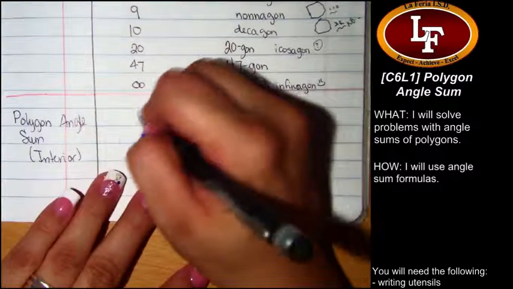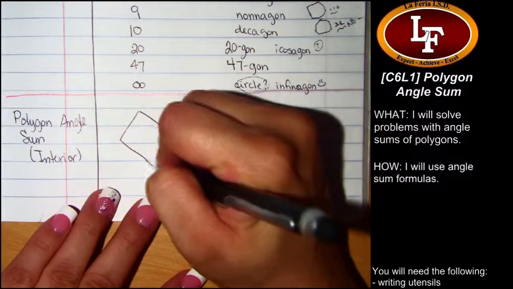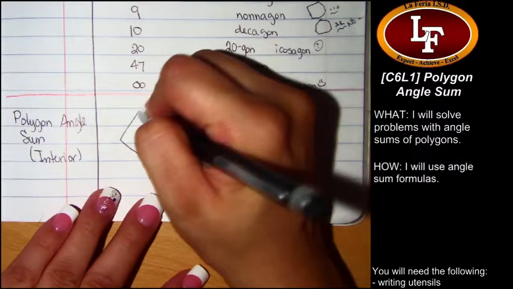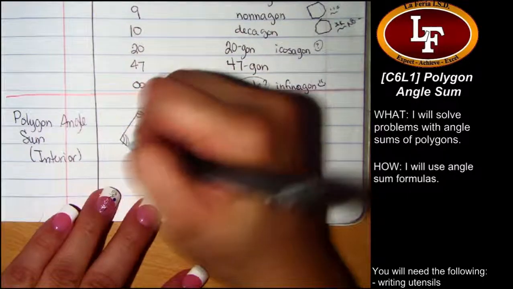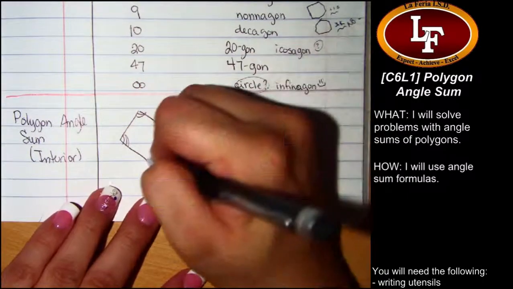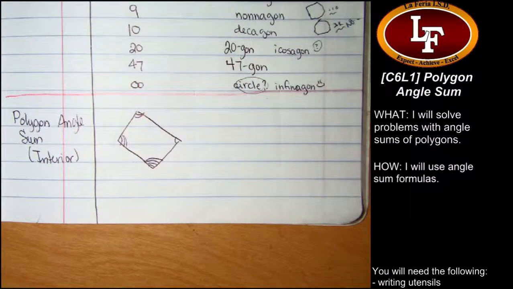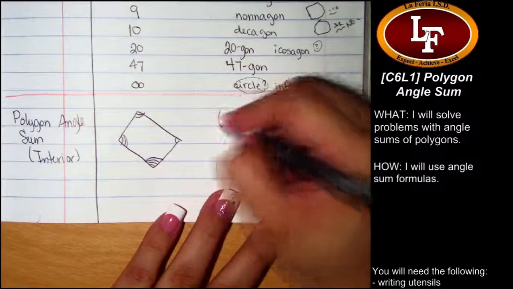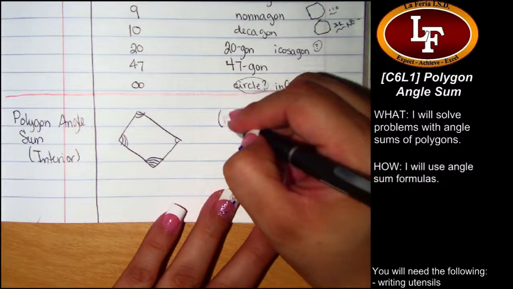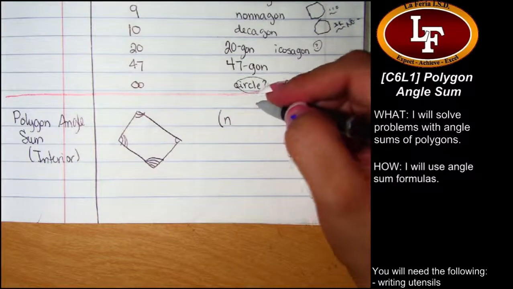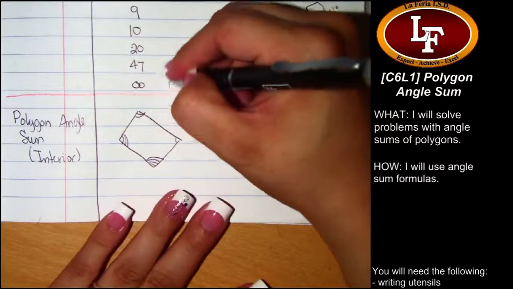All right. So here's our friend, a quadrilateral. And we have 4 angles. I don't know their measures, but they're not equal to each other. Here's the formula. It says, take n, which will be the number of sides.